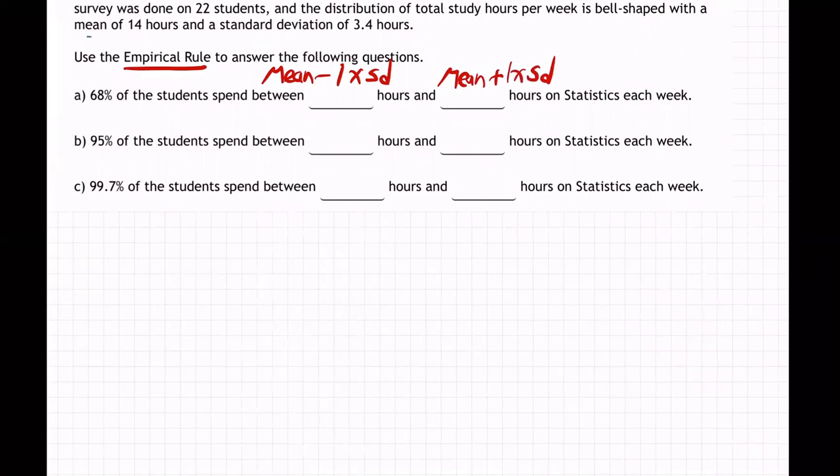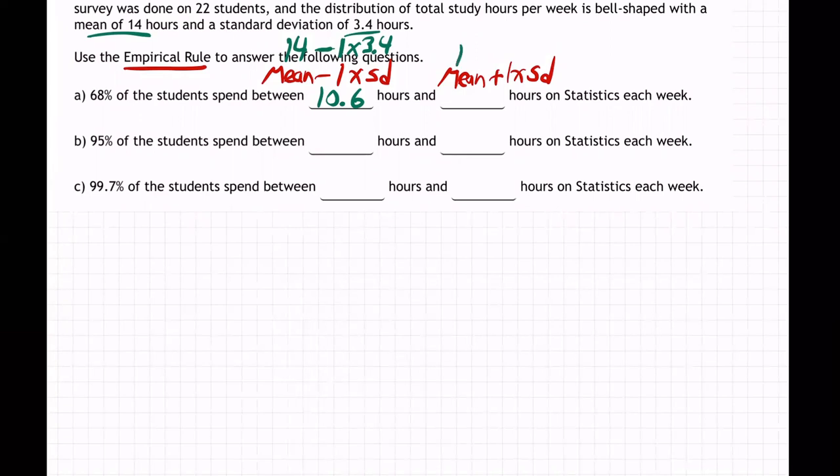Well, the mean is right here. The mean is 14, so that'll be 14, and here's the standard deviation, minus 1 times 3.4. Literally just hit the buttons on your calculator, and you'll get 10.6.